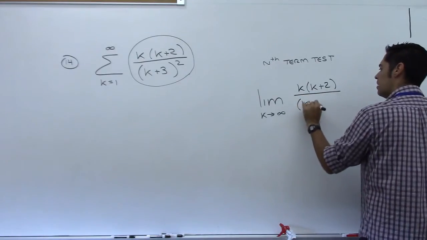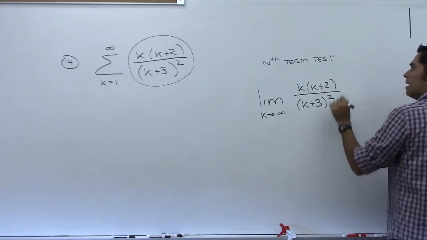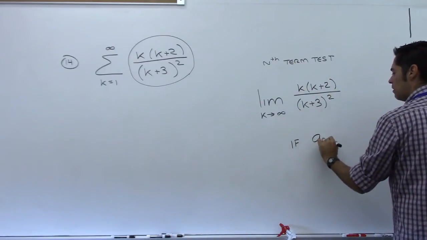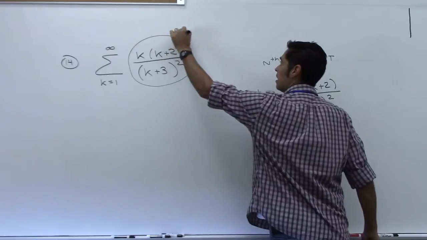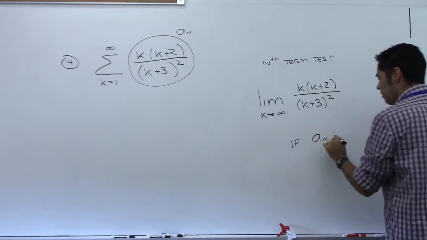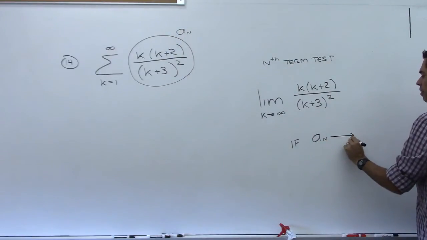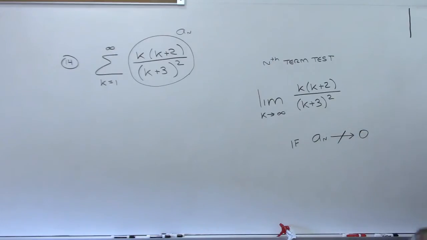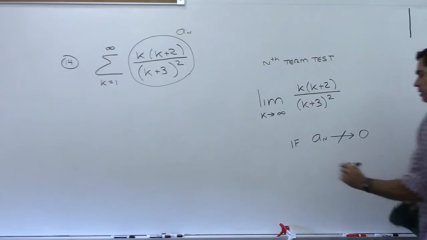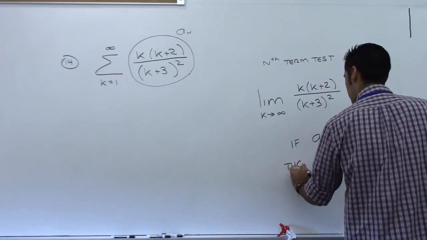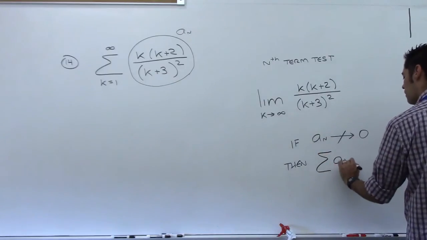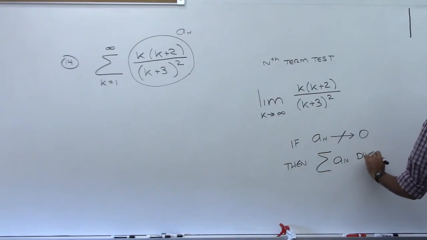If this limit, so if the a sub n, which is the part inside, right, the thing we're adding up, if that a sub n goes to some place other than 0, so if it does not go to 0, then the series diverges.